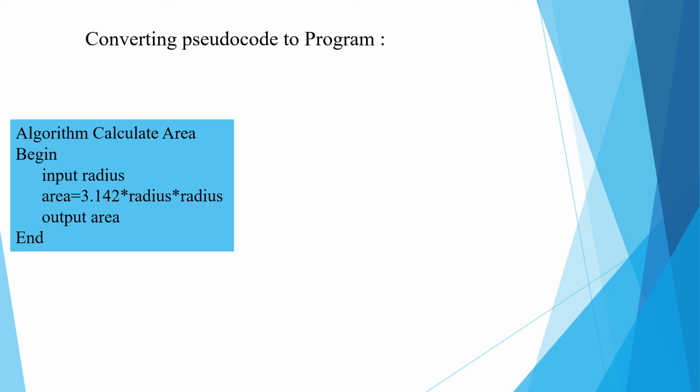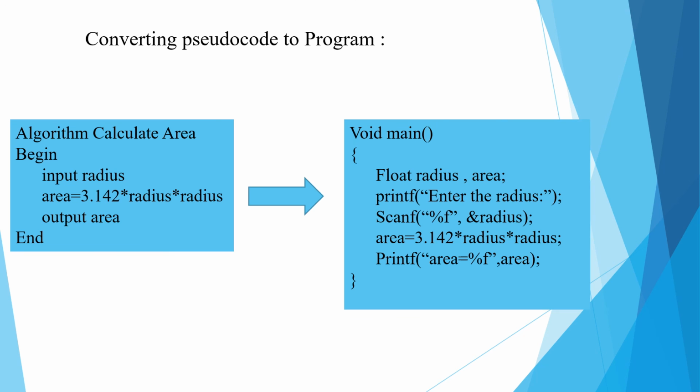We are going to convert it into a simple C program very easily. Look at the program. The program is void main. Here we declare the data elements which are used, that is float radius, comma, area. Then here we use input radius.